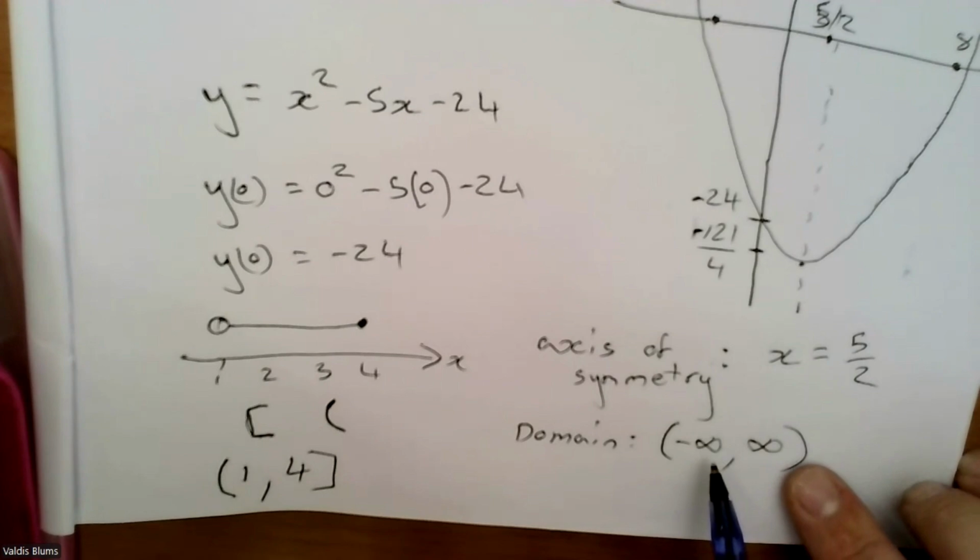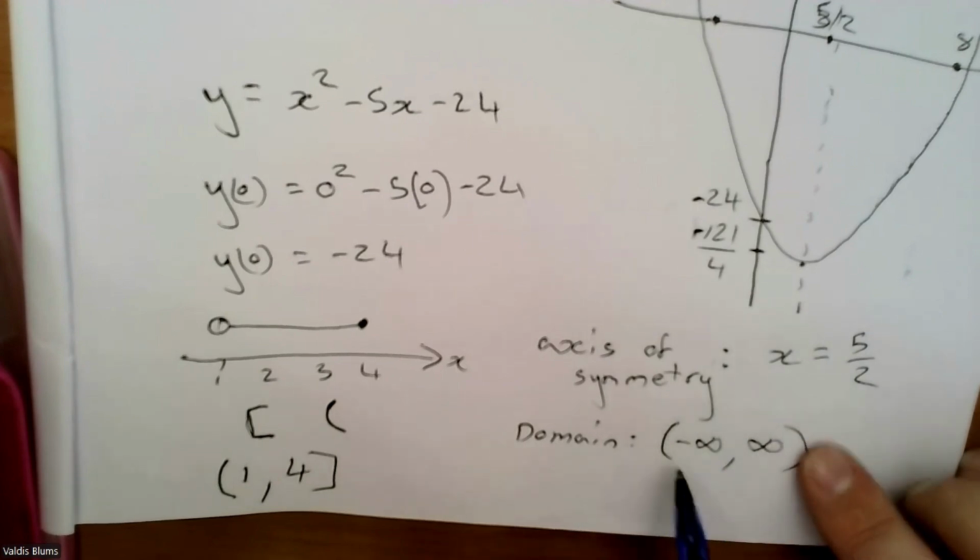You can't actually get to infinity, so that's why we have these parentheses here.